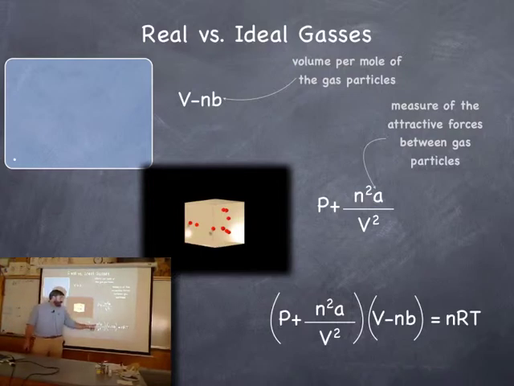It turns out that the importance of this term depends on the particle density. The more particles there are in a given volume, the greater and more important this factor becomes. They're both squared. This is an empirically derived law.